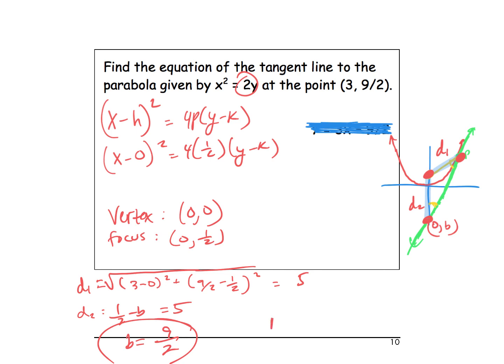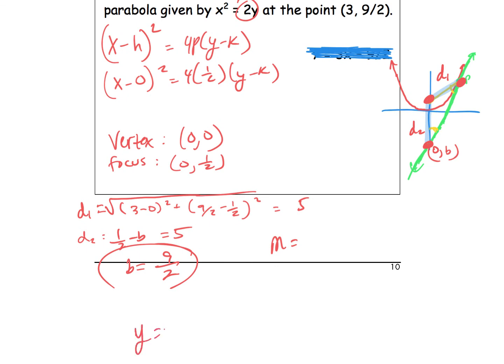How do I get the m? Right, my whole goal is to come up with the tangent line, y equals mx plus b. So we've got our b of negative 9/2.